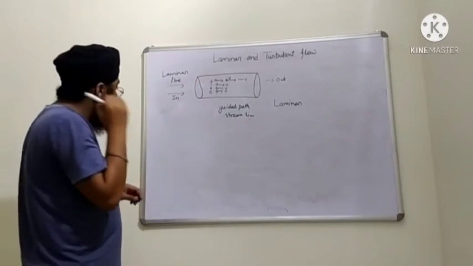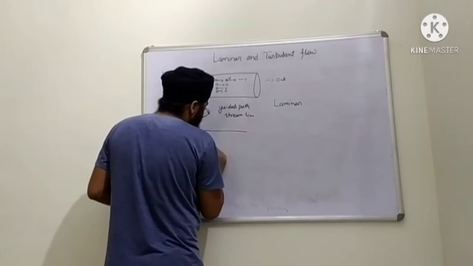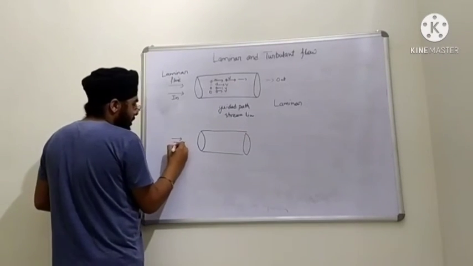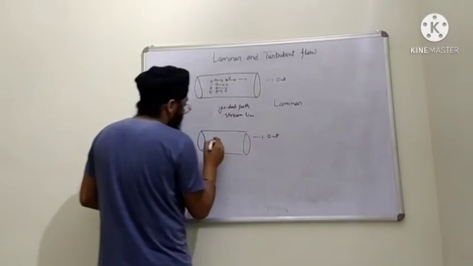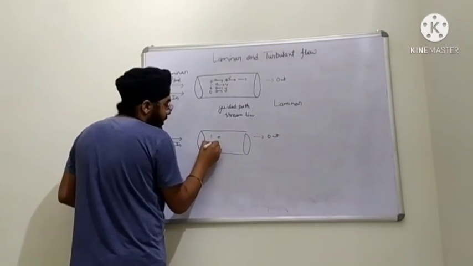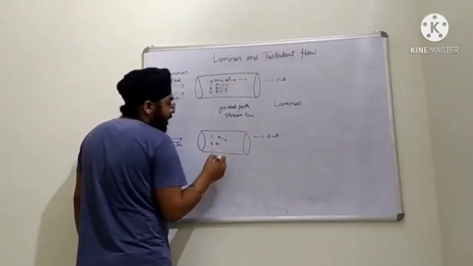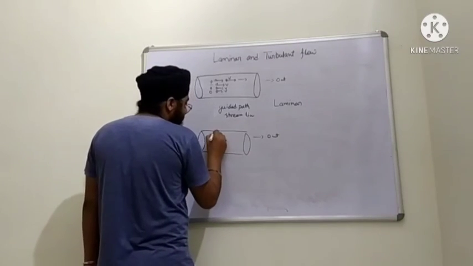Now, on the other hand, turbulent flow. Let's say we again took a pipe in which this is where liquid gets in and this is where it gets out. Let's say there are particles of the fluid, but they have a random velocity. Particles are moving in zigzag formations.